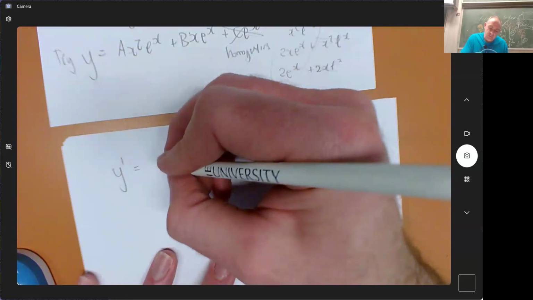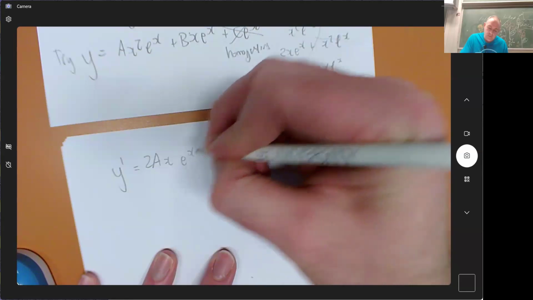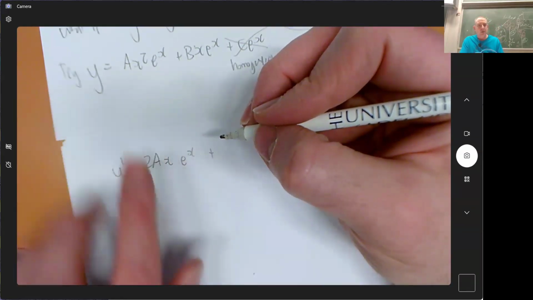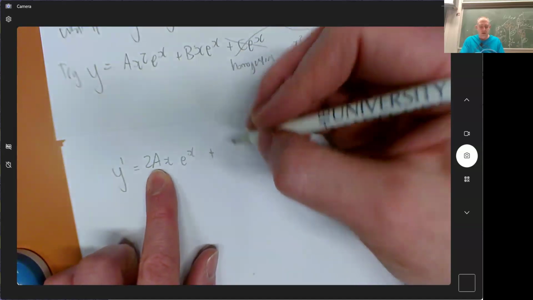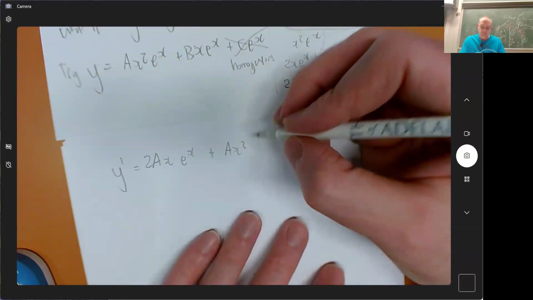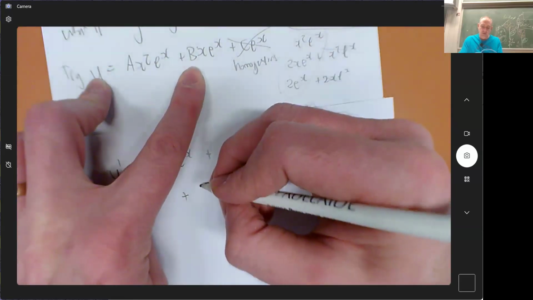y dashed is, differentiate this. And so that's 2ax and leave the e to the x and then keep the ax squared, and then differentiate this.